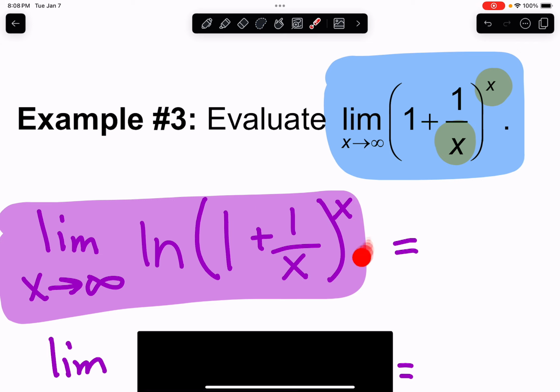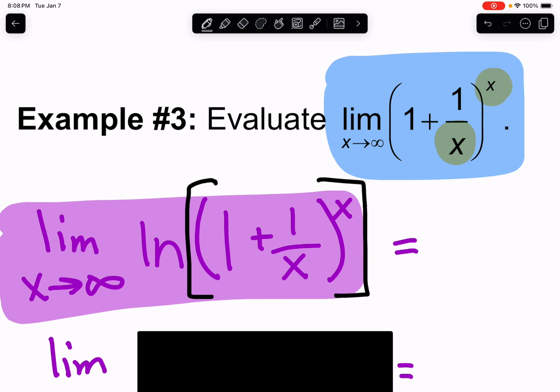Here's my function, 1 plus 1 over x to the x, and technically I should have some brackets around all of this, because all of that is inside of my natural log. So again, I am not doing the limit I've been asked to evaluate. I'm doing the limit of the natural log of what I've been asked to evaluate. I only do this when I have a variable, the x down there, to a variable power.